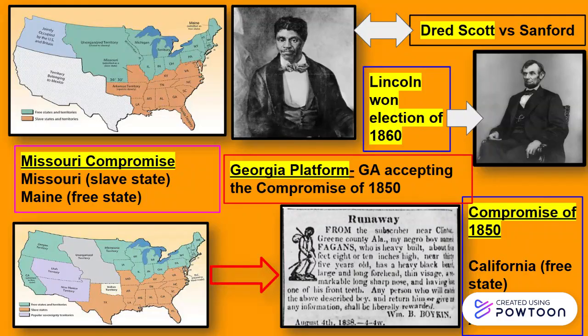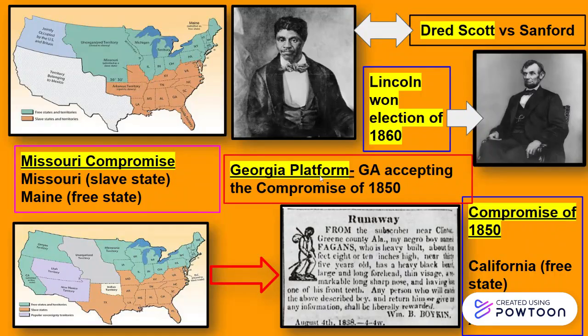But remember, in Congress, the South wanted equal representation as the North. So California was admitted as a free state. So to kind of pacify or appease the South, the North gave the South the Fugitive Slave Act. And remember, the Fugitive Slave Act said if a slave ran from the South to the North, then the North had an obligation to give that slave back to the owner in the South.